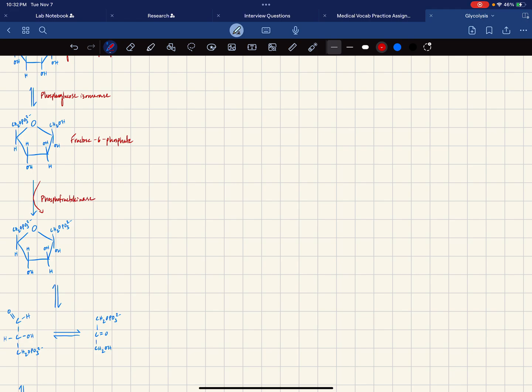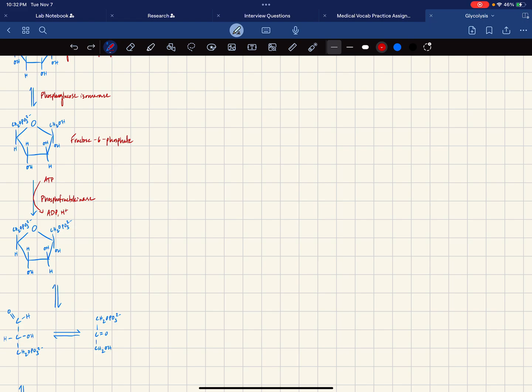And exactly like the name would have you believe, it's a fructose with a phosphate on it, and it's a kinase. So we're going to add a phosphoryl group to it. So again, we're going to take ATP, and we're going to release ADP and an H+, so that we can put this phosphate on that carbon 1.